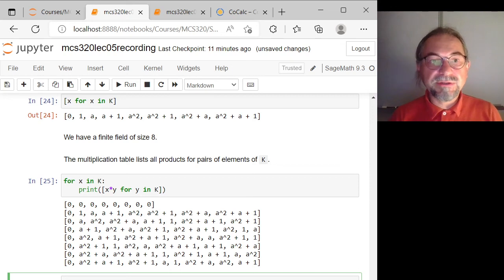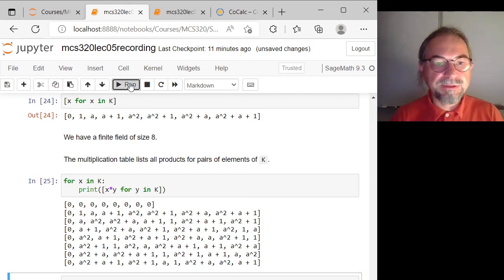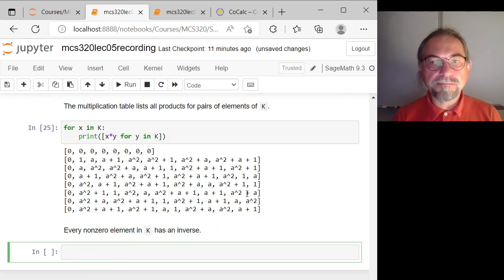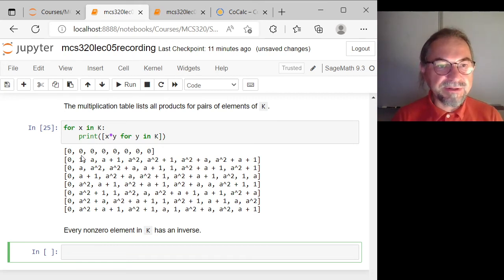We can read this off from the table. We can see that there is exactly one 1 in every row and every column.